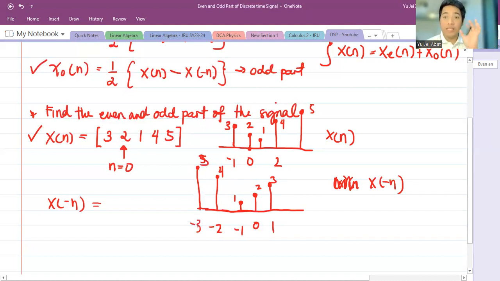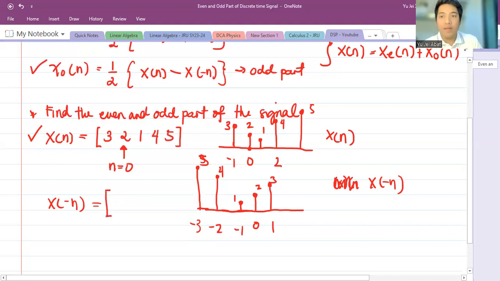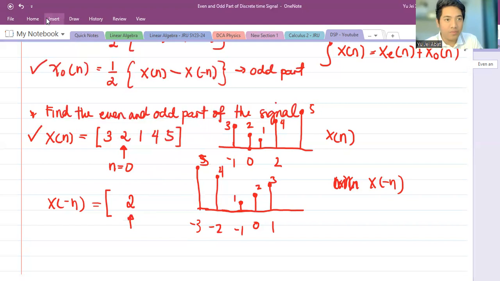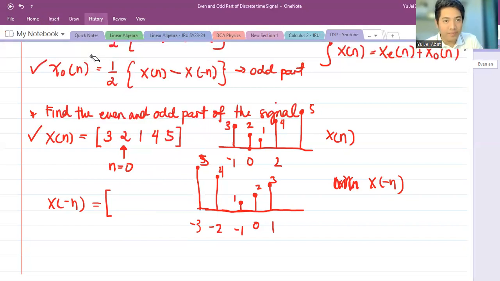So you can notice that the signal has been flipped, has been folded. That's what the x of negative n means. So right now, if I write the x of negative n, the 2 is still at n equals 0.